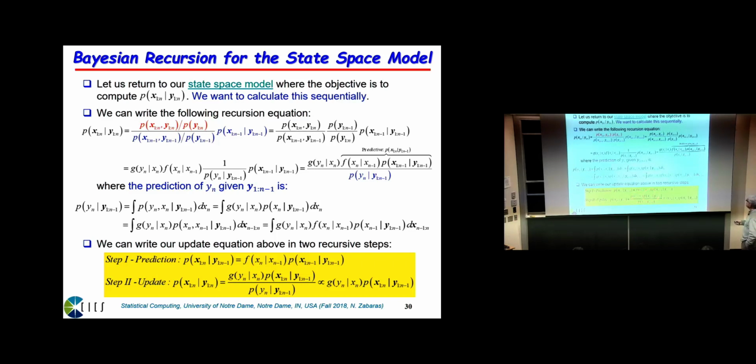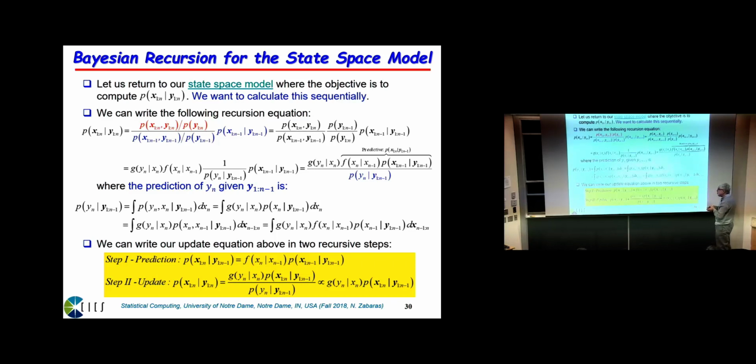So really what I want you to do is, the derivations are exercises in the product and sum rules, but these are the two nice equations. I want you to think that this is your objective and you want to do it iteratively, and iteratively means you know the distribution at the previous time. So the first thing you do is a prediction of xn, one step ahead. The only thing you really need to do is multiply with the transition model.